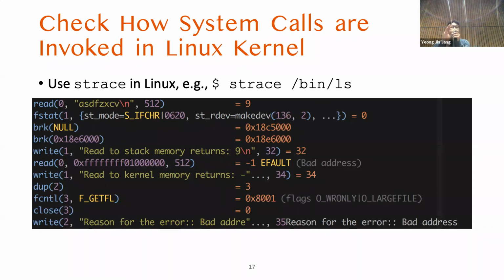This can work because we have a system call gate, and every time the application calls a system call at the hook, we can print out this kind of message. I ran the same program, and for the first read, it worked well and returned 9. But for the second read, I supplied the kernel address, and it returns -1, bad address. That's how it works.